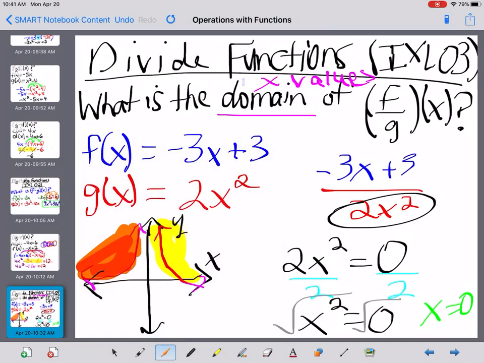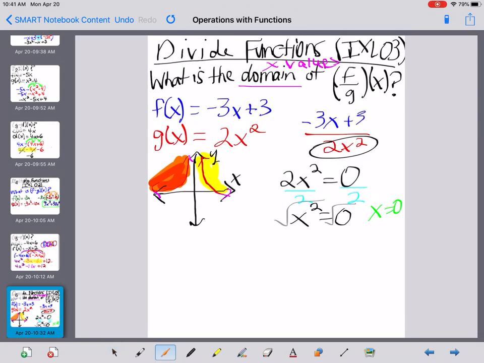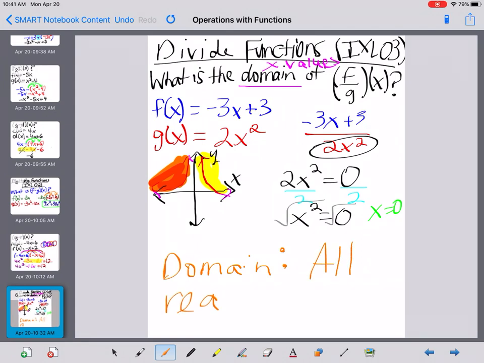So my answer on this, my domain, is going to be all real numbers except 0. My domain could be any other number. I could substitute any number I wanted in for x and it would work just fine.